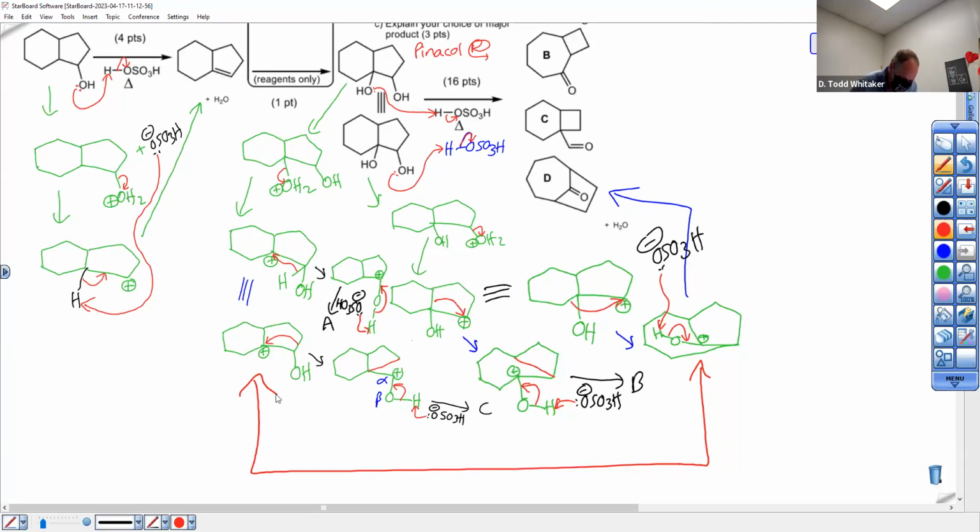And C, and it's about B and D, right? Those cations go to B and D respectively.